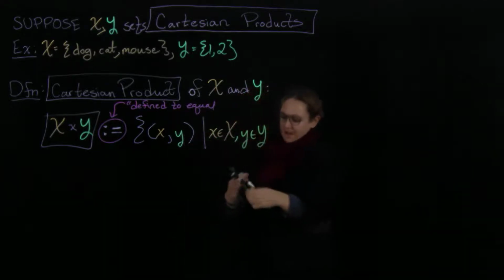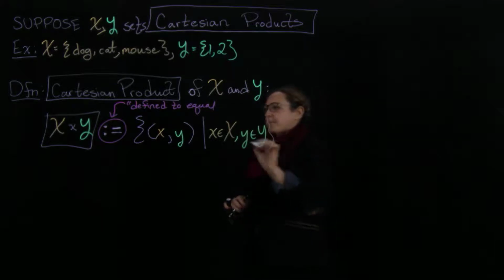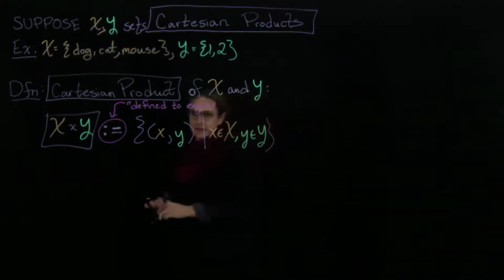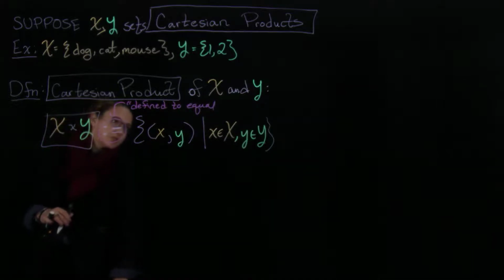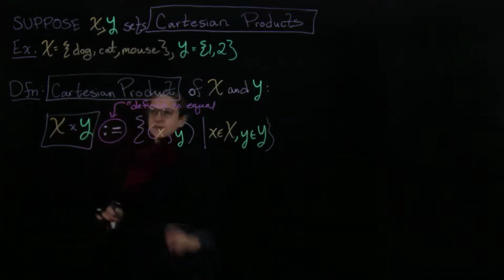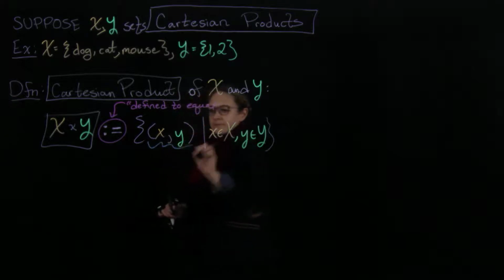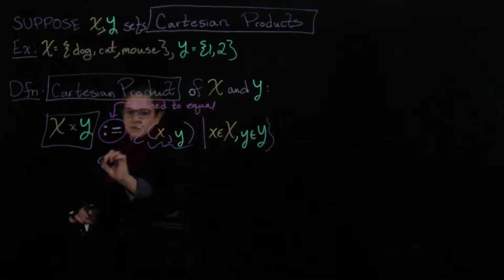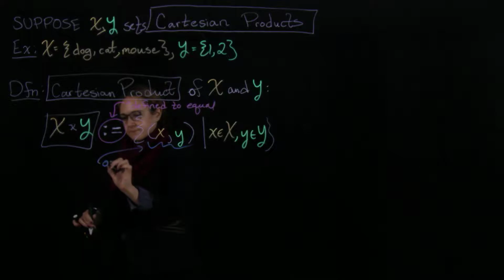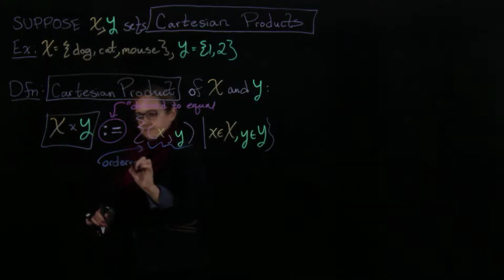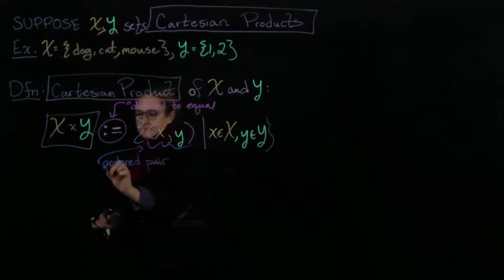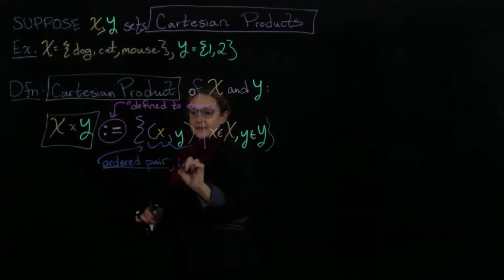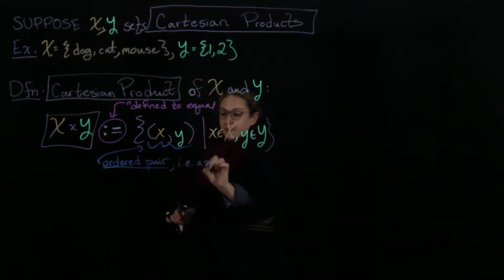A key point here is that this has a specific meaning: order matters. This is something called an ordered pair, i.e., a pair where order matters.